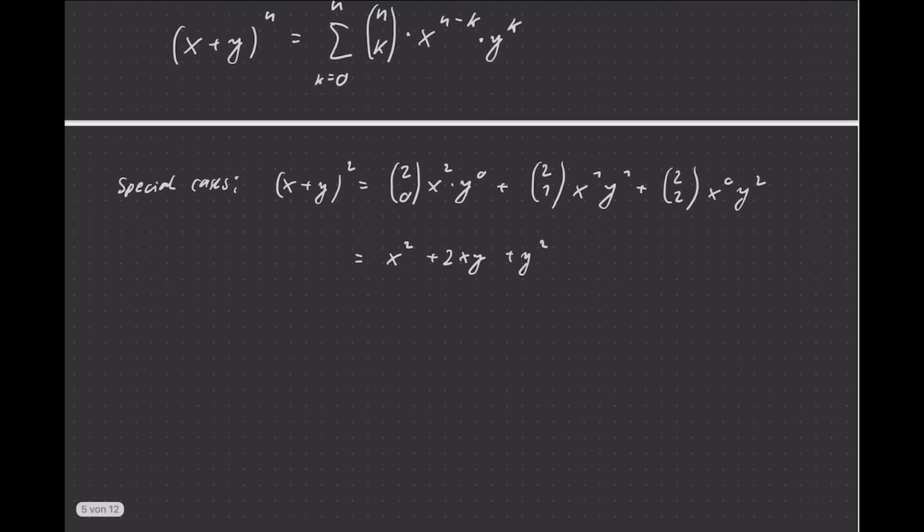And of course, you also know the relation for x minus y, that works as well. You would write that as x plus minus y like this, and then apply the general formula. If you do that, what you get is x squared minus 2xy plus y squared.